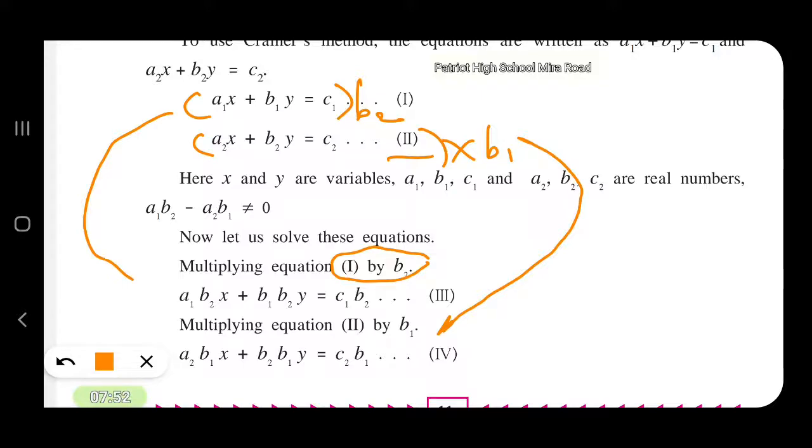So we name them as equation number 3 and equation number 4. This is 3 and this is 4. Subtracting equation 4 from 3, we write it vertically in this manner.